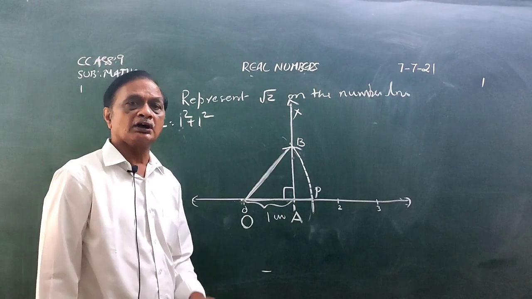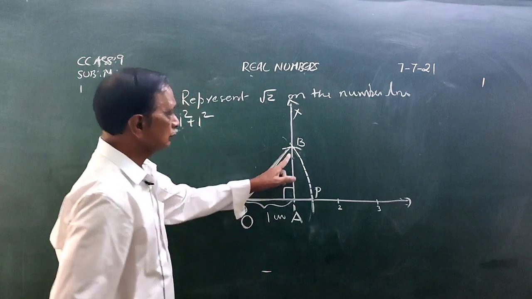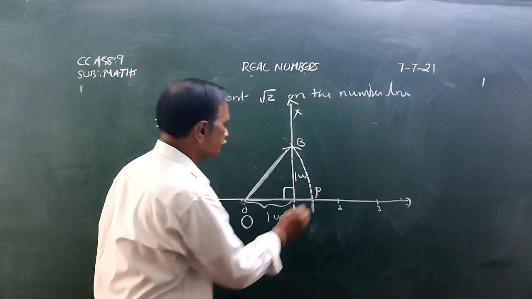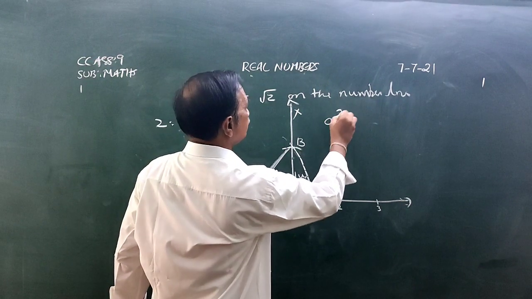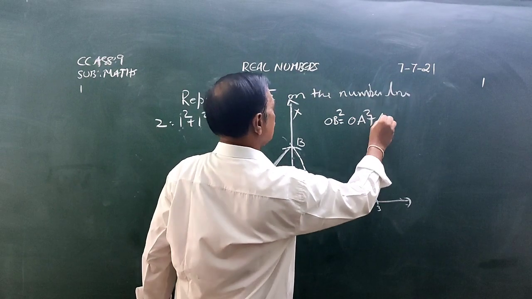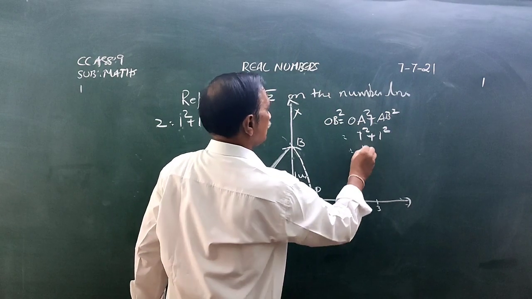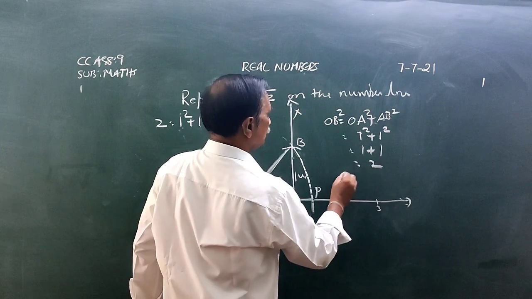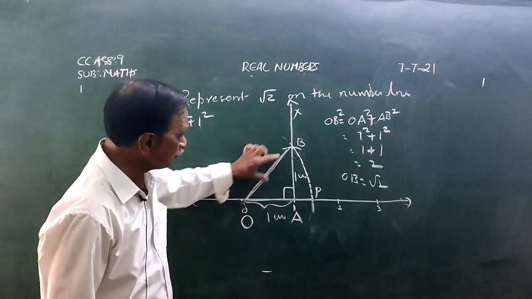Radii. In a circle, all radii are equal. So first of all, find the length of OB. Now OB square, by using Pythagoras theorem, we get OB square equal to OA square plus AB square. That is 1 square plus 1 square, 1 plus 1, 2. OB equal to root 2.